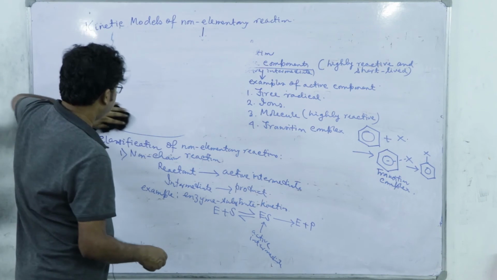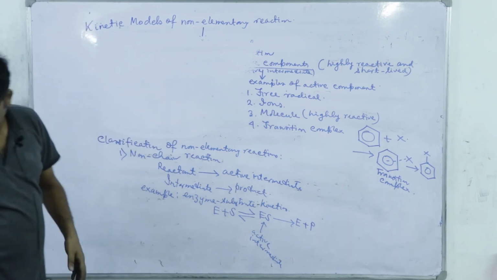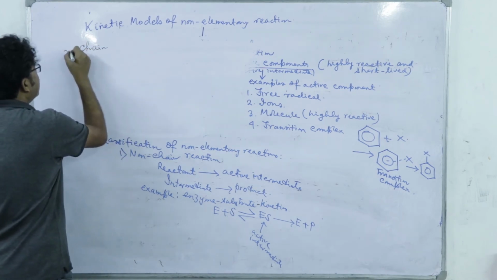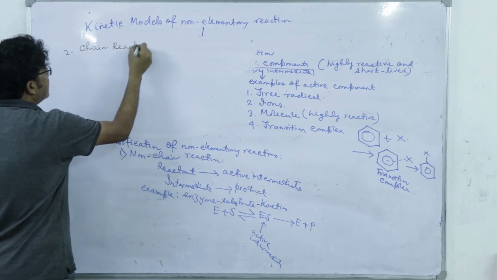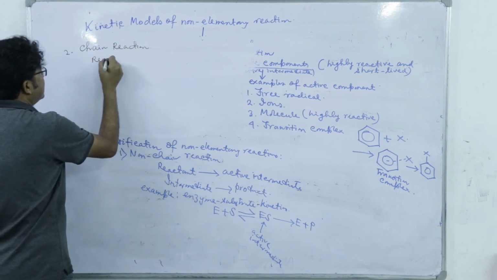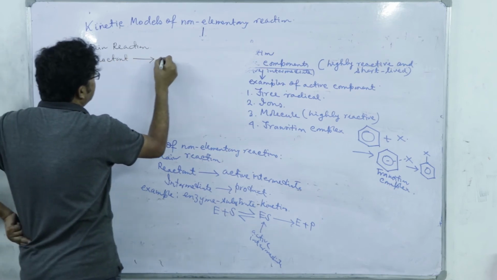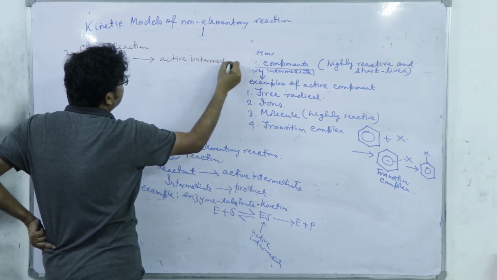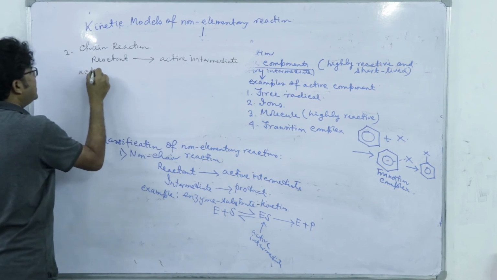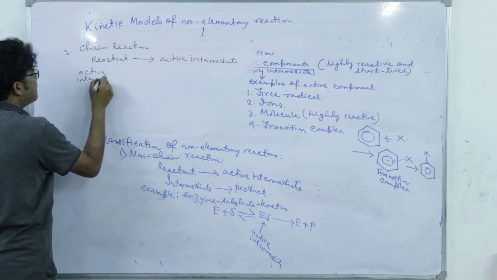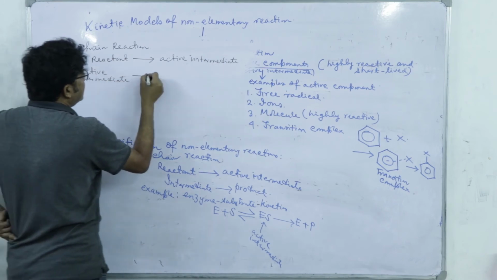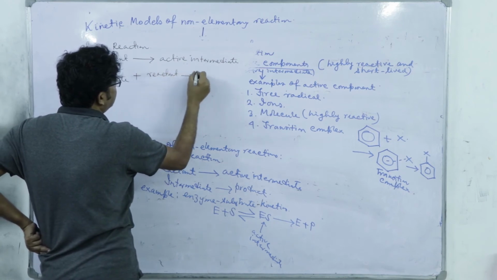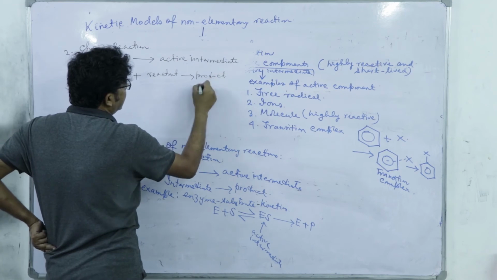Second example is the chain reaction. Reactant, active intermediate, active intermediate plus which reacts with more reactant, giving product and regenerate the intermediate.